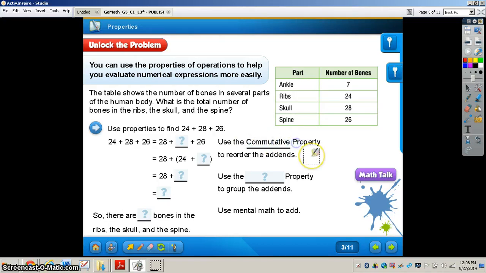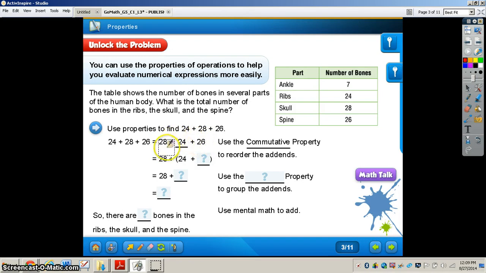Now, what they're asking us to do, and you can write this on the bottom of page 13, it says use a commutative property. Okay, now remember, the commutative property: if the order of addends changes, the sum will stay the same. So we have 24 plus 28 plus 26. Now that will also equal 28 plus 24 plus 26.